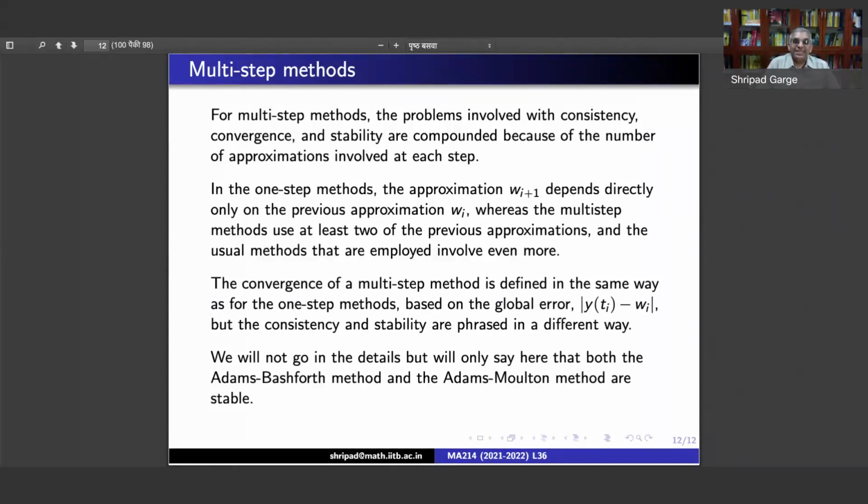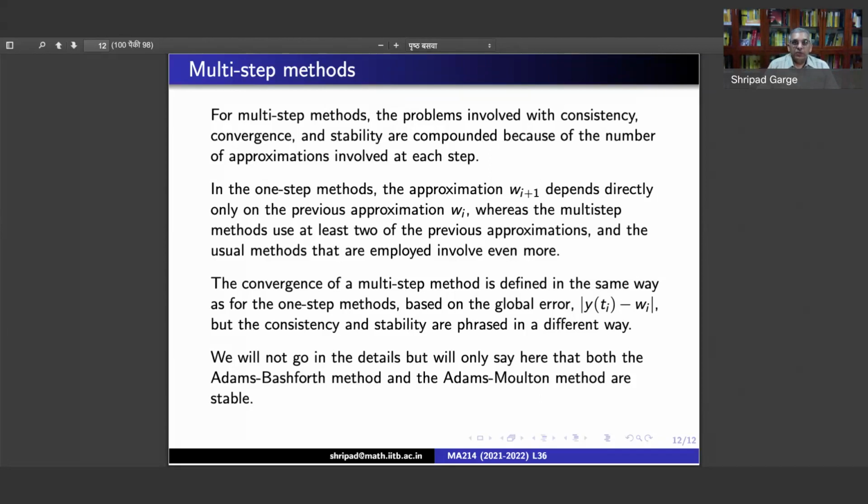In fact, in case of multi-step methods, there are generalizations of stability. There is something called weakly stable, something called stable, and something called strongly stable. And these two methods are both strongly stable. So they are very good methods. That's all that we say at this point, and we will not say anything more on this.